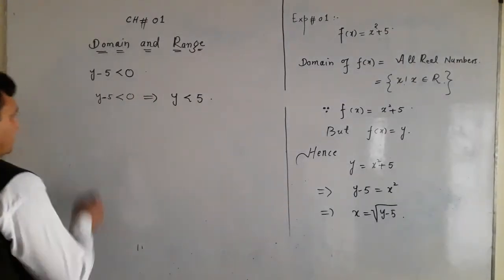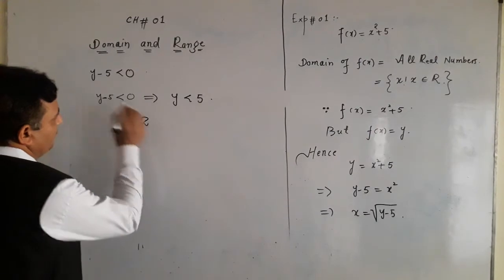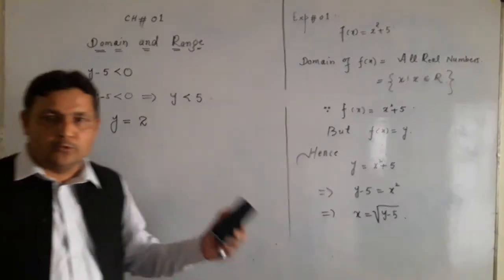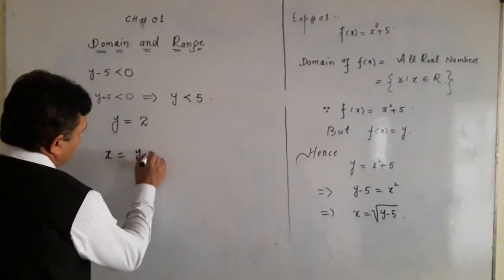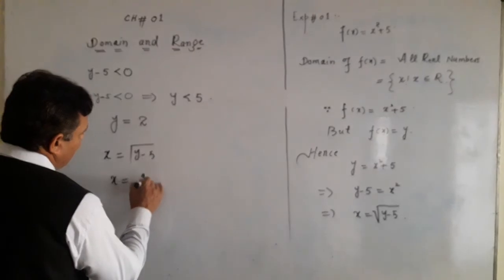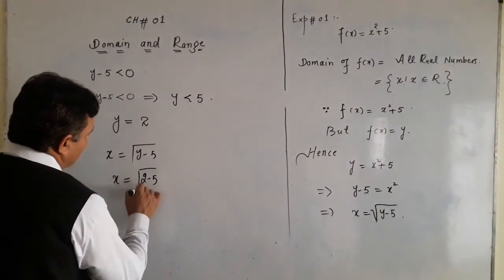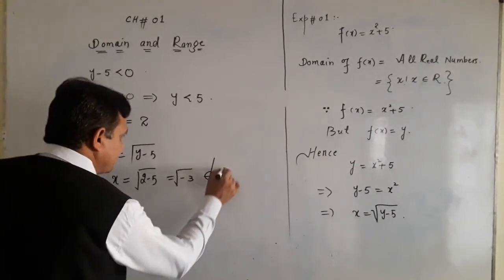Suppose we put y is equal to 2, then x is equal to the square root of y minus 5, so x is equal to the square root of 2 minus 5. This is equal to the square root of minus 3, which is not real.